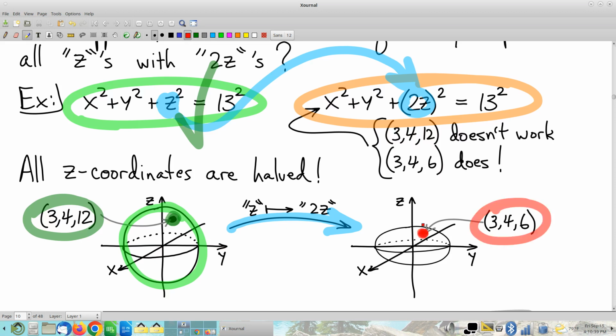The 6 goes into where the z is, gets multiplied by 2, becomes the 12 that in some sense it was supposed to be to make the arithmetic work, and again, everything works. So, punchline then, when you algebraically replace a variable with 2 times that variable, geometrically, your surface gets squished in the z direction by a factor of 2.